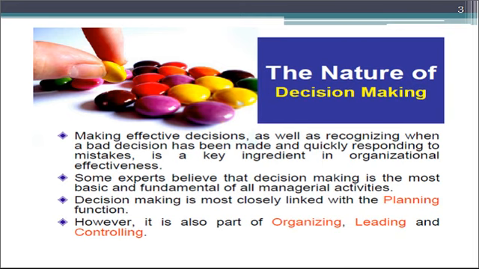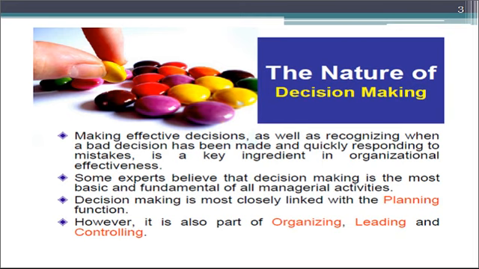But if the decision is not correct, if the decision is not appropriate, or we may call it a bad decision, in that case, recognizing the decision is a bad decision is also equally important, because once the managerial or the top management level has recognized the decision is bad, then they can take the corrective action so that the organization will get the success.